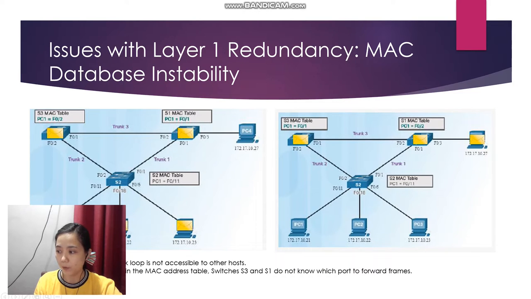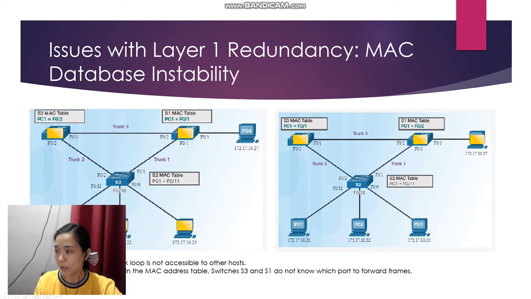For example, the example of a result in MAC database instability: number 1, PC1 sends a broadcast frame to S2, which is switch 2. Switch 2 updates the MAC address table with PC1's MAC address on port 11.